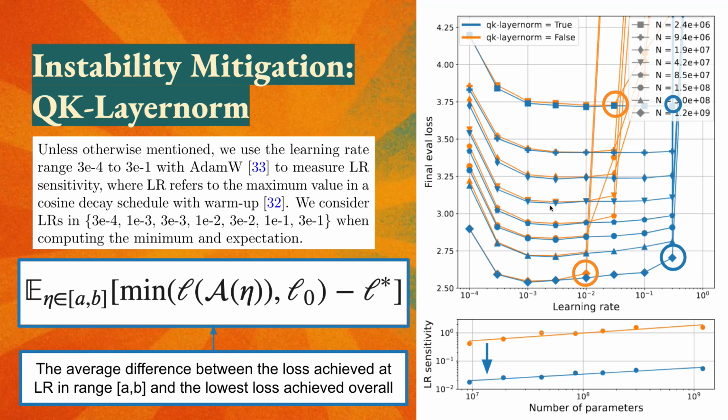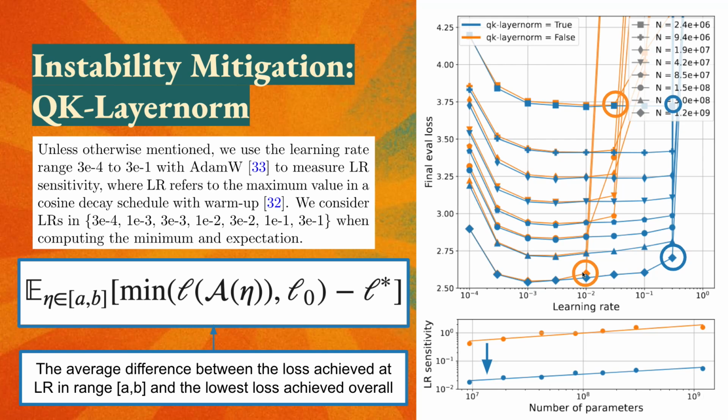And as we would expect, the larger models are yielding a lower final eval loss. So that's getting situated with the top chart. In the bottom chart, the LR sensitivity value is plotted on the y-axis, which spans 2 orders of magnitude in this case. And then the x-axis is the number of parameters from 10 million up to 1 billion.